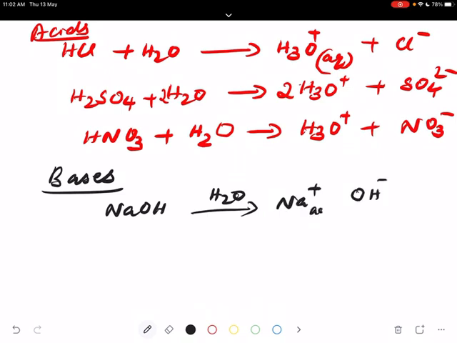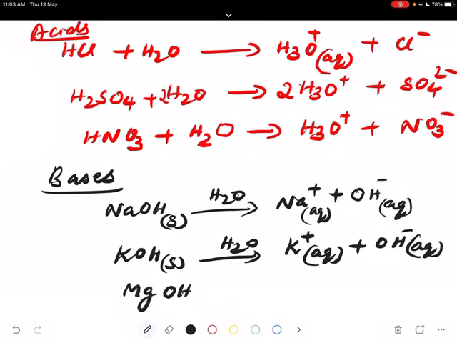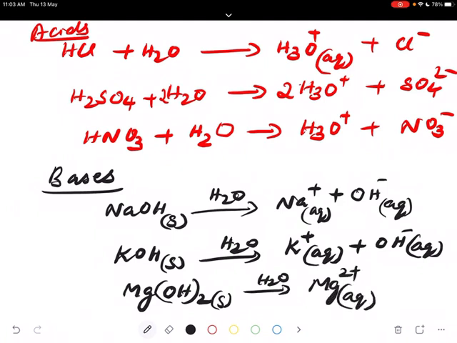So here we will write aqueous. This is solid. Or KOH, solid in presence of water, forms K plus aqueous and OH minus aqueous. Or Mg(OH)2, a base, solid in presence of water, you can write Mg2 plus aqueous plus twice OH minus aqueous.